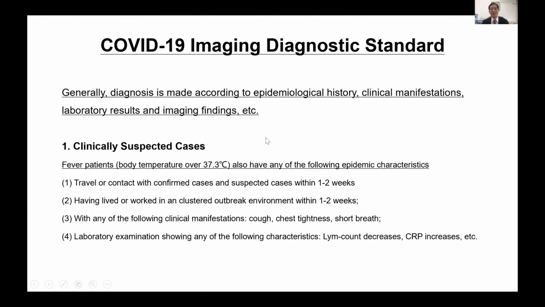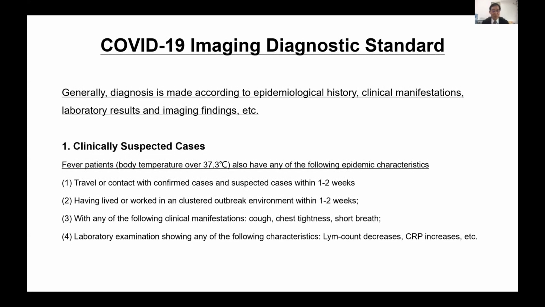COVID image diagnostic standard. Generally, diagnosis is made according to epidemiological history, clinical manifestation, laboratory results, and image findings. Clinically suspected cases also have any of the following epidemic characteristics: 1. Travel or contact with a confirmed case and suspected cases within 1-2 weeks. 2.